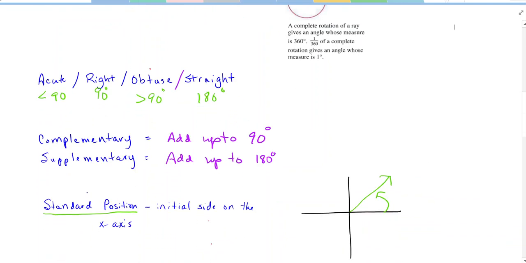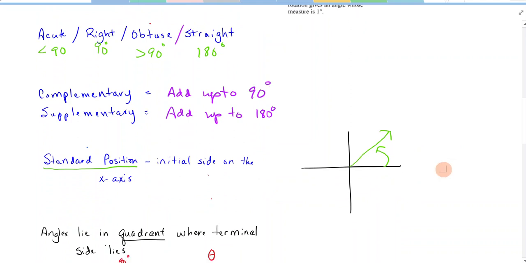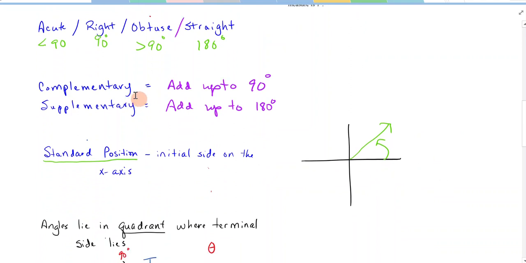We're getting a lot of definitions and information right here. Complementary angles are those that add up to 90. So that could be like 40 and 50. Those are complementary. It could also be 2 and 88. Anything that adds up to 90 are complementary angles. If they add up to 180, they are supplementary. So that's the difference there.